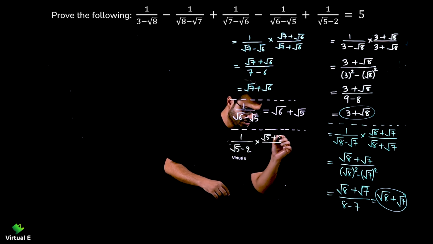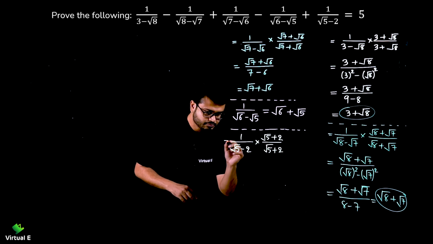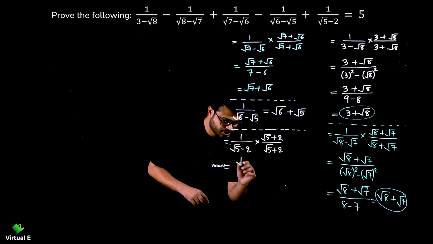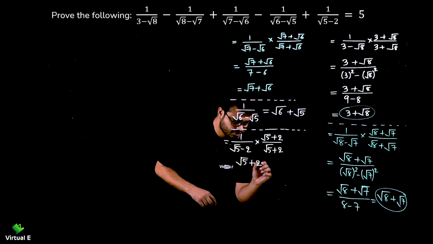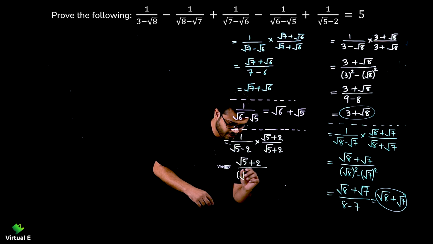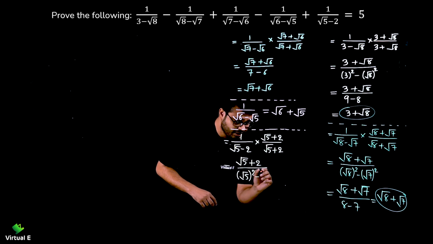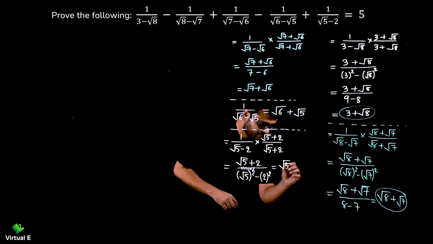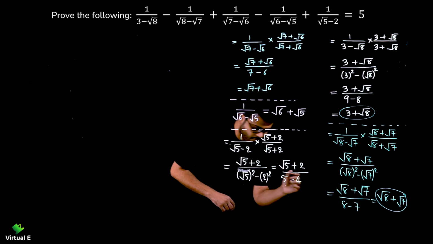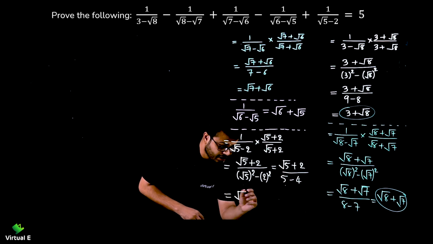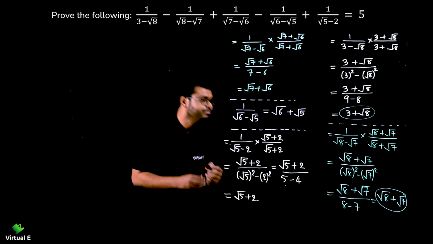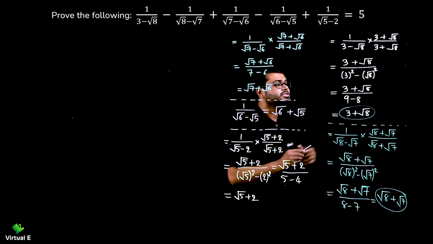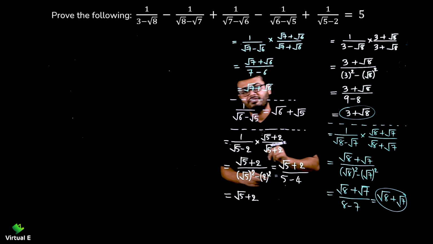Root 5 plus 2 and root 5 plus 2 as well. So anything multiplied by 1 is going to remain same, root 5 plus 2, and here root 5 square minus 2 square. So that is root 5 plus 2, and denominator, that is 5 minus 2 square is 4. So what do we get? Root 5 plus 2. So basically we have solved all the terms, that is 1, 2, 3, 4 and 5.